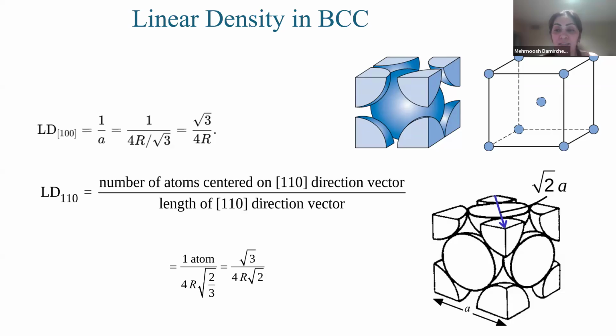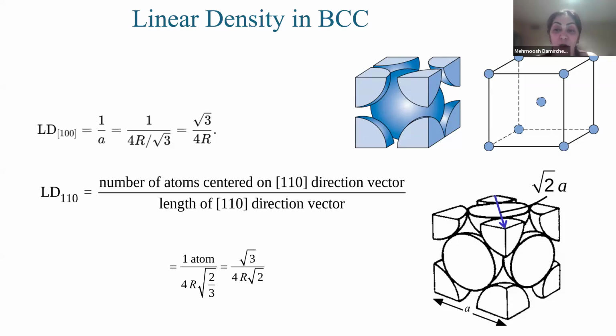Directions with higher linear density are more close-packed, and these strongly affect the slip systems in metals, meaning how dislocations move and how the materials deform. So LD is important for knowing in which direction we have more packing, which definitely has the potential for more deformation or slip in that direction.